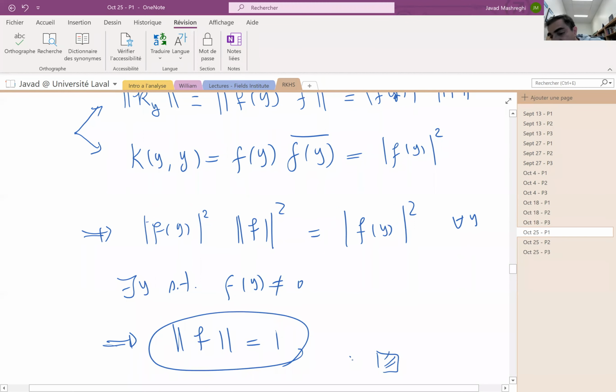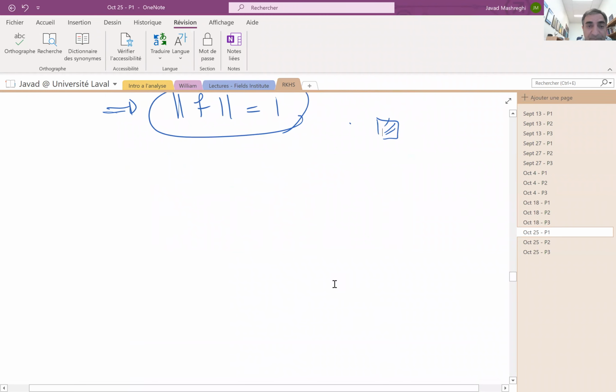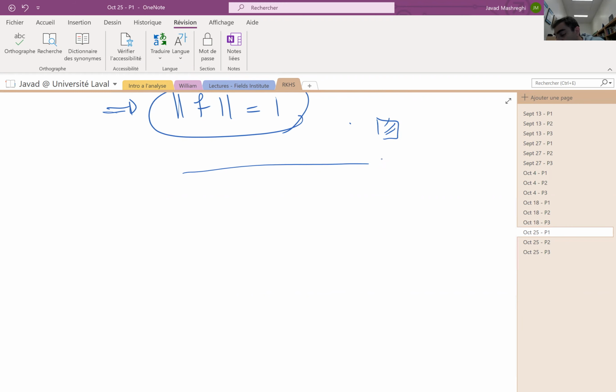It's a very specific RKHS, but it will appear in our discussion in the near future too. Another example is an interesting one with applications in economics, the min function.